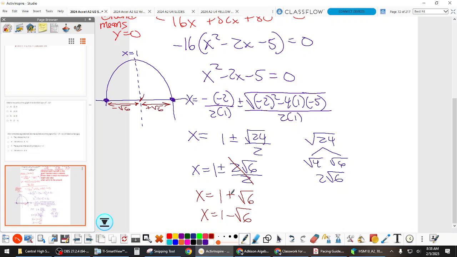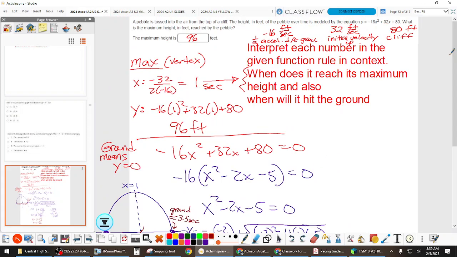So if we do 1 plus 2.5, when will it hit the ground? Did you say 3.5? Oh, okay. Roughly 3.5 seconds. Guys, note we have done this analysis of a legit problem. Everything in this problem is legit, right?